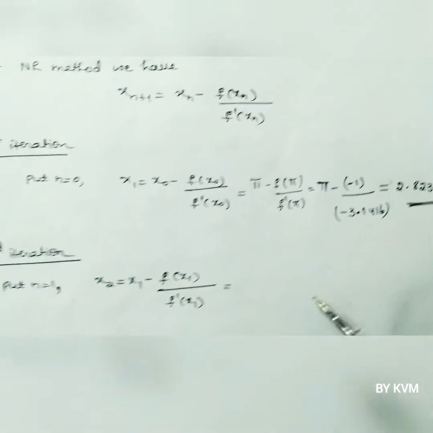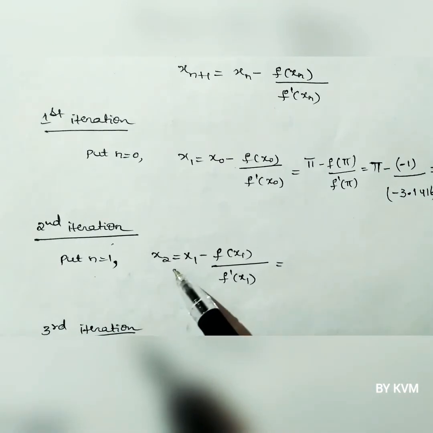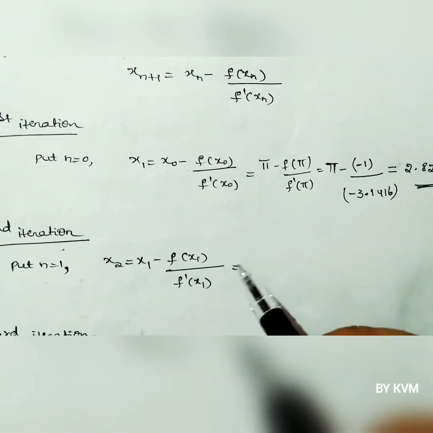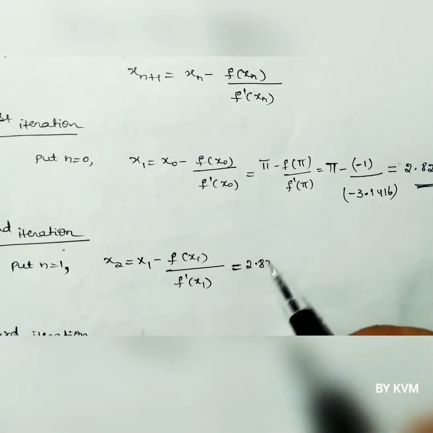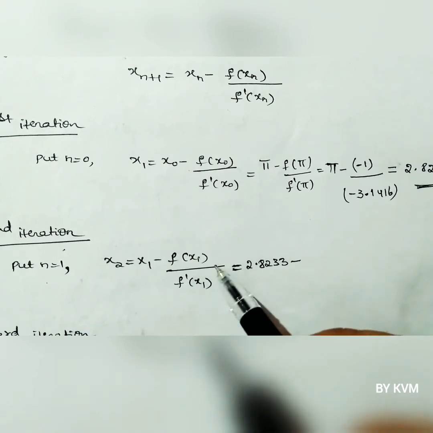Now we have to improve the accuracy of the root. So in the second iteration, take n equals 1, the formula becomes x2 equals x1 minus f of x1 by f dash of x1. So now x1 is 2.8233 minus f of 2.8233.